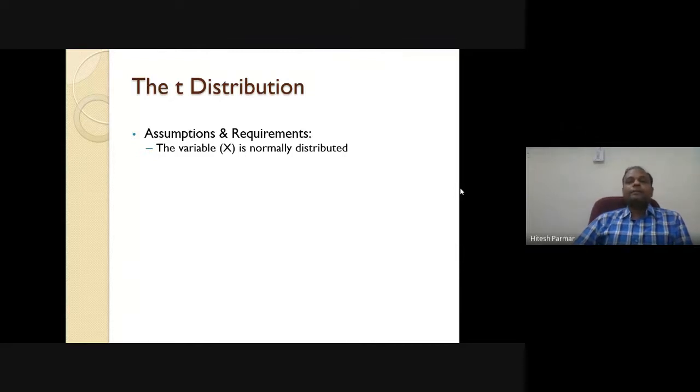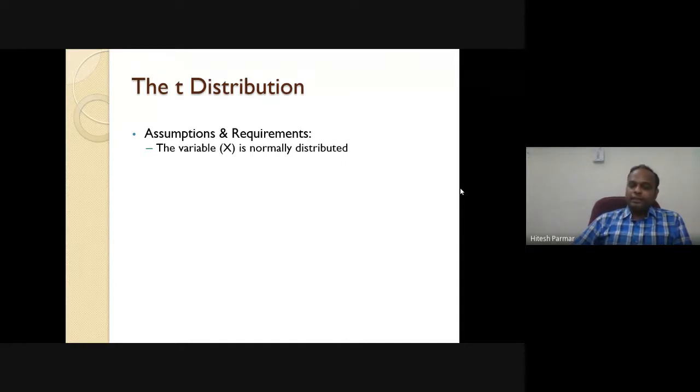So the t-test can be applied in situations where, number one, the population parameters are not known to us and the sample size is greater than 30. Situation number two is when the sample size is less than 30. In all cases where the sample size is less than 30, yes, the t-test is applicable, and at that time there is no need to check the normality of the data.